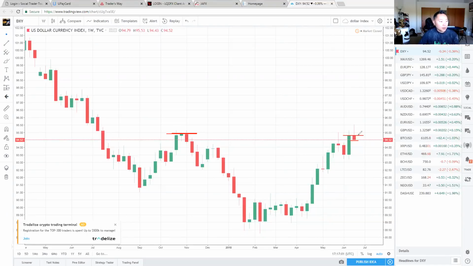So I'm expecting it to drop and create a new lower low to break the 89 price and back down to break 88. I'm going to show you guys. I'm not showing you guys any indicators. I'm just going to show you strictly based off of candlestick structure and price action.